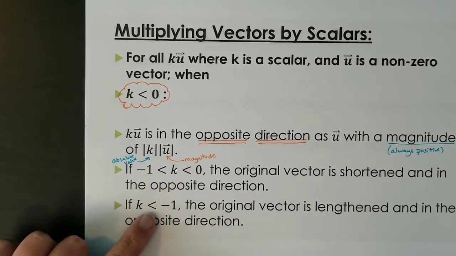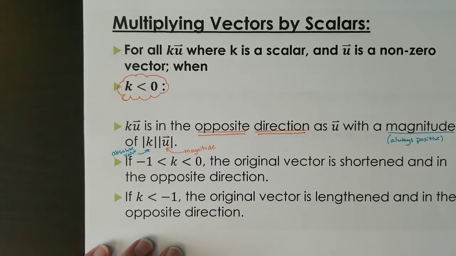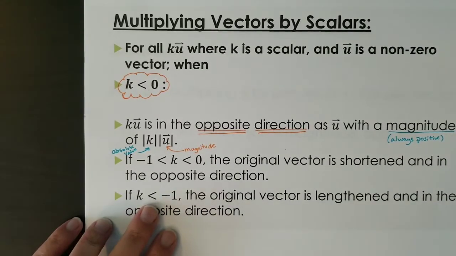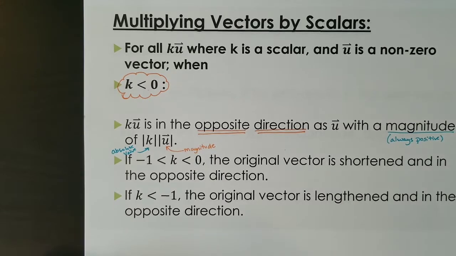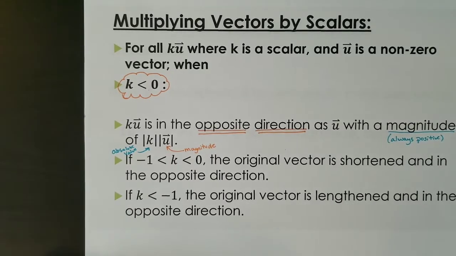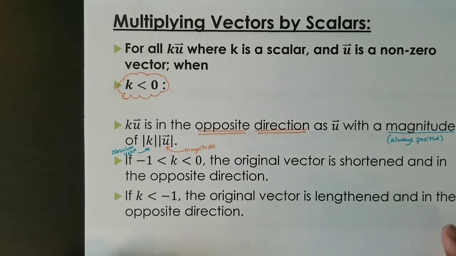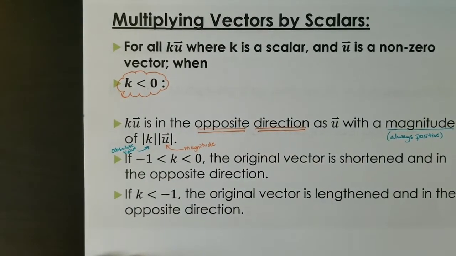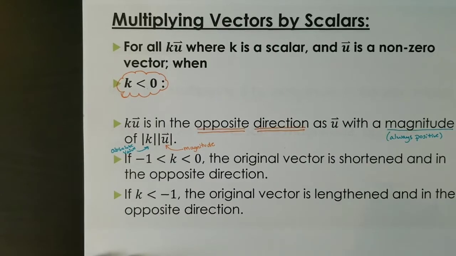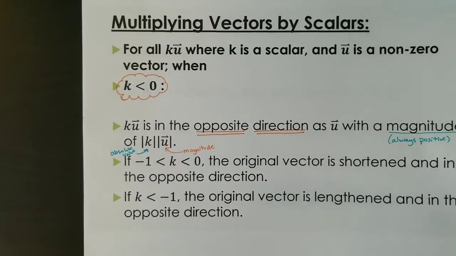If the number is less than -1, so the numeric part is larger than 1, say like -10 or -5, those numbers would make it longer, but the negative part switches the direction. So basically, the sign of the scalar changes the direction, and the size or magnitude of the scalar changes the magnitude of the new vector when you multiply.